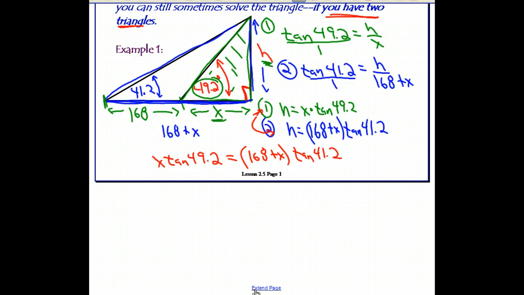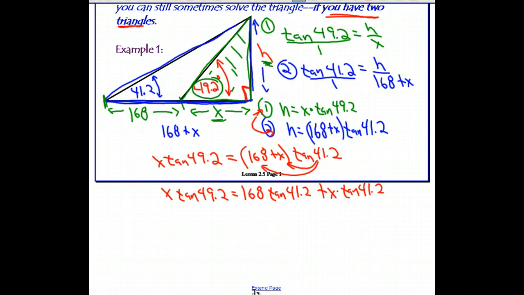What are we trying to do? We're trying to solve for X. Well, let's distribute over here on the right side. So I've got x times the tangent of 49.2 equals 168 times the tangent of 41.2. No x's there. And x times the tangent of 41.2.